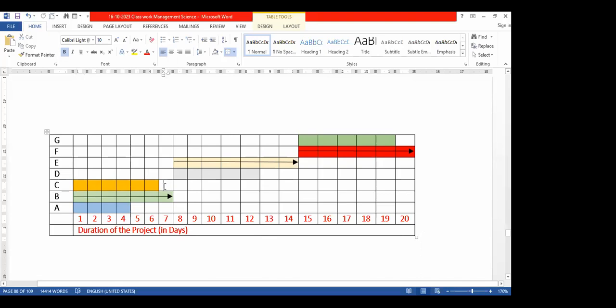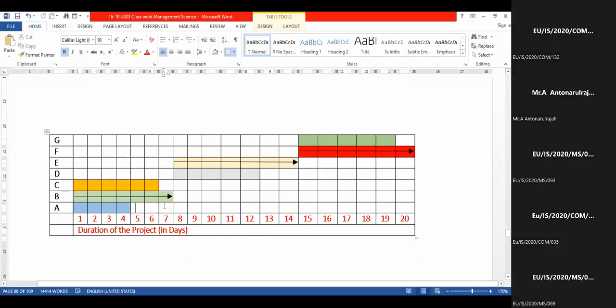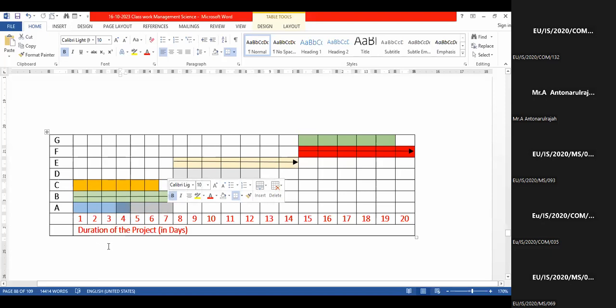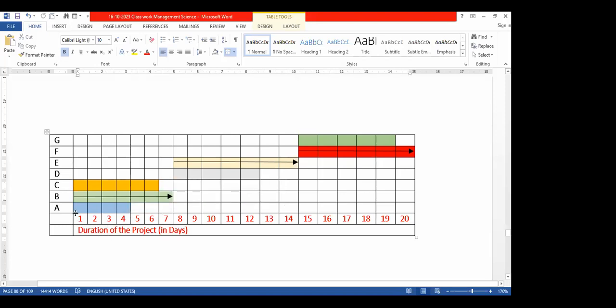A can be delayed by 3 days, right? These 3 days we can delay. A needs only 4 days, so we can start from here and complete here. How many days can we start activity A late? By how many days can we delay?